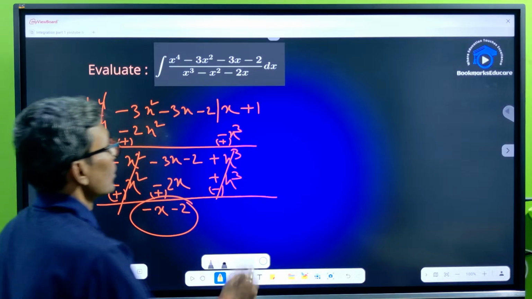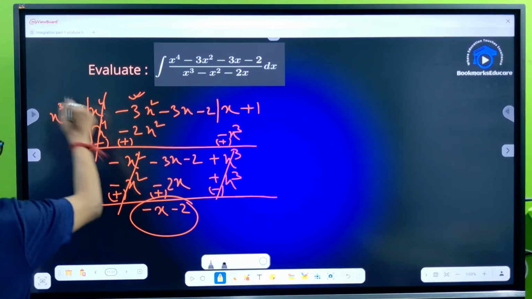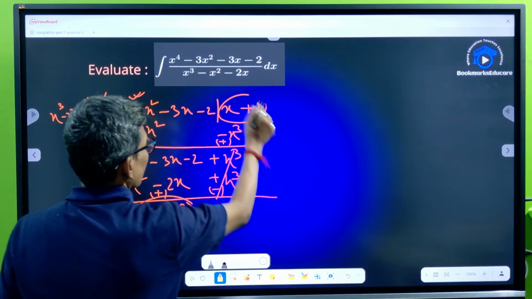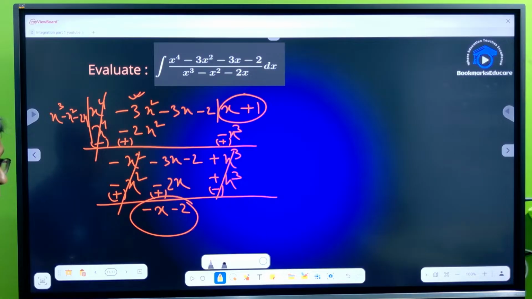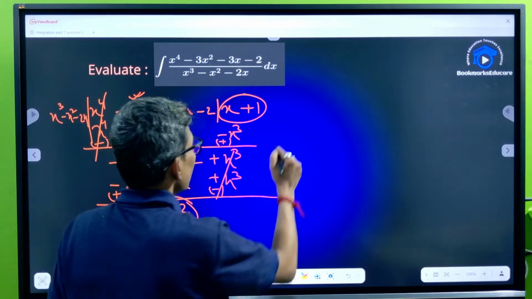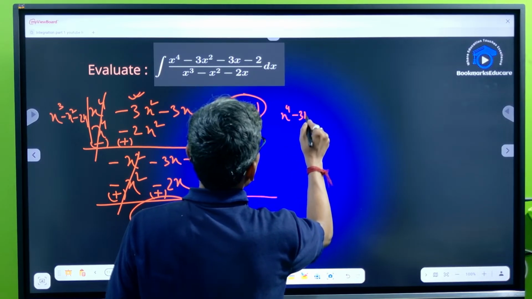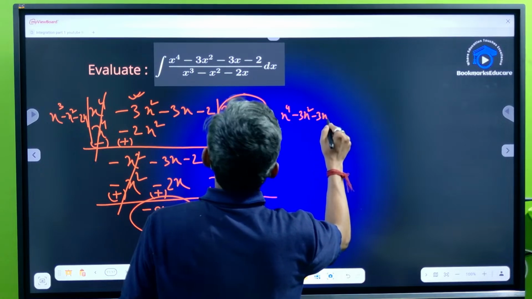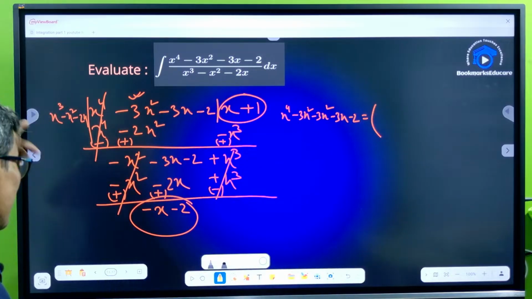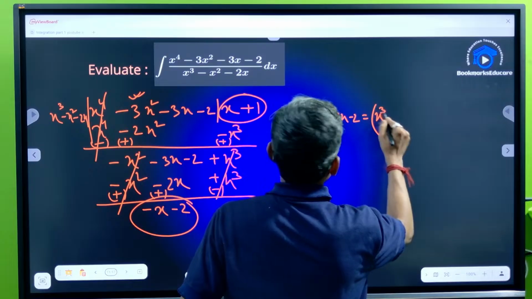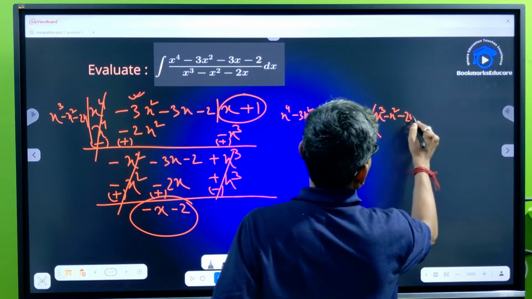Okay, so this is known as the dividend, this is the divisor and this is the quotient. So the relation among dividend, divisor, quotient and remainder is that dividend is equal to divisor into quotient plus remainder.